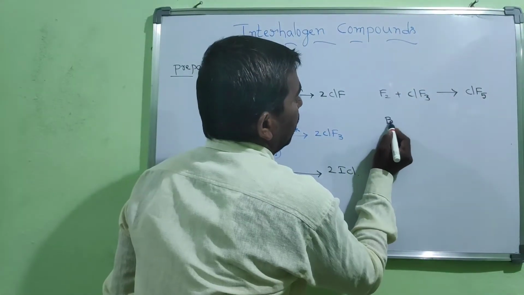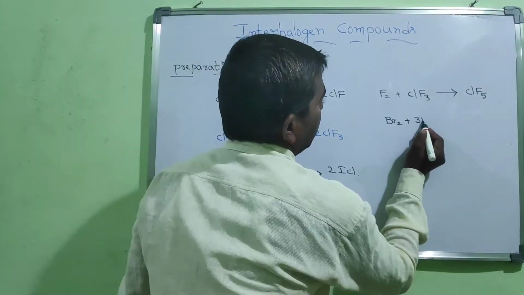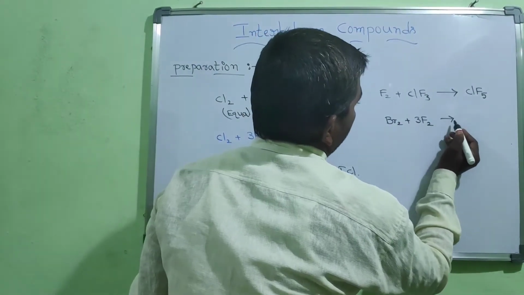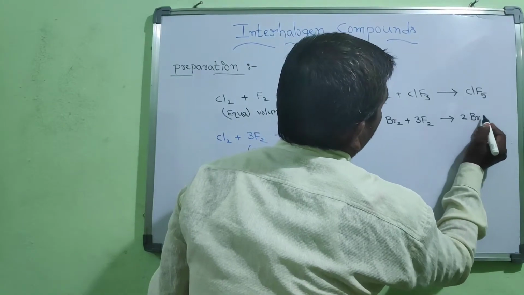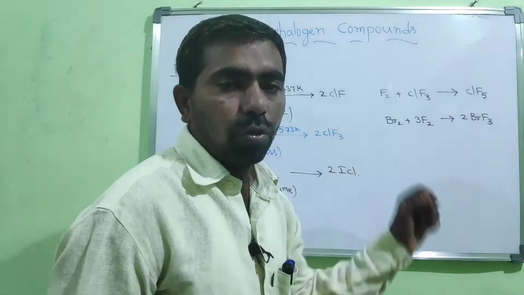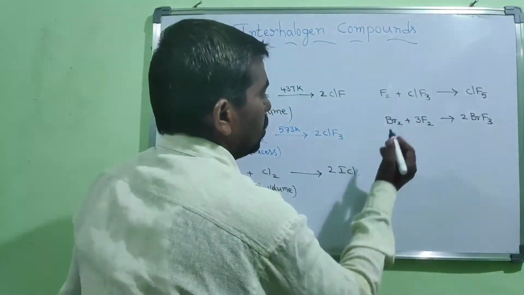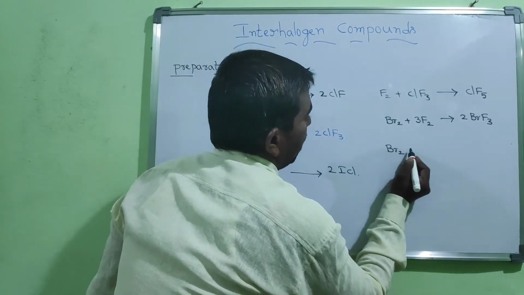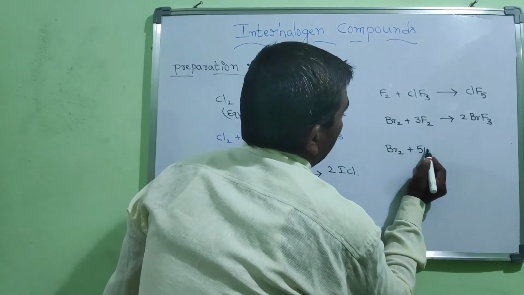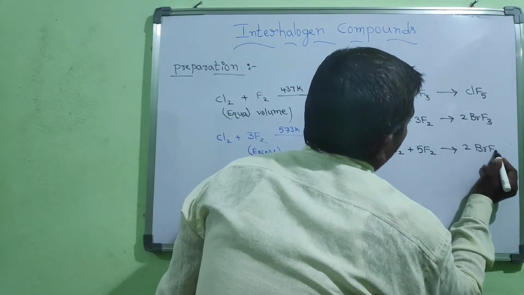Another example: Br2 plus 3F2 gives 2BrF3. So bromine trifluoride, an interhalogen compound, is obtained in this chemical reaction. Another example: Br2 plus 5F2 gives 2BrF5.